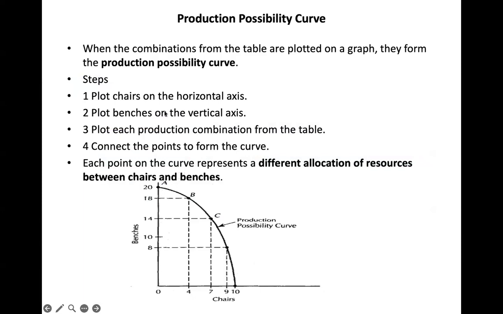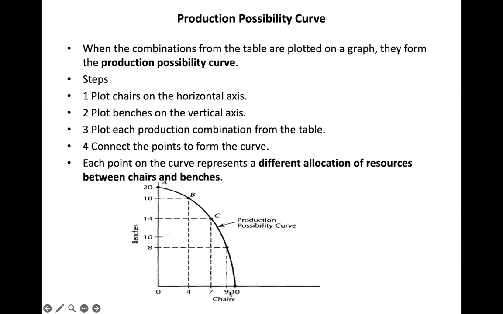We all know that when the firm uses the 4 hours to produce 10 chairs, he can only produce 0 benches. So producing 10 chairs means he's producing 0 benches.